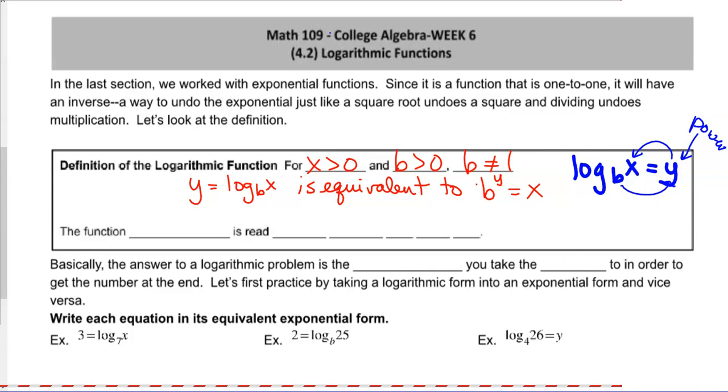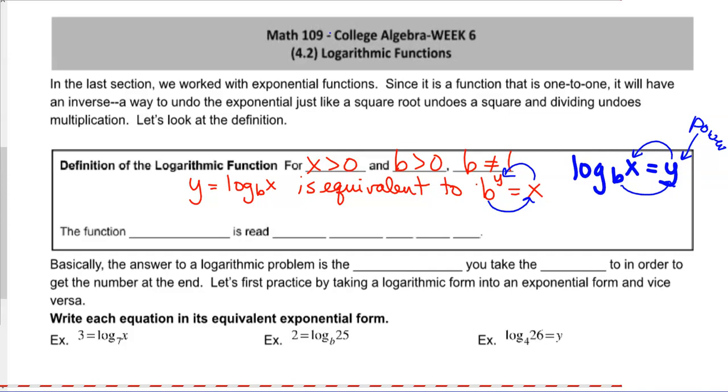We'll see some examples of those and be able to change from one expression to the next in different forms. So we could also do a circle in this sense with an exponential form where I do log base b of x equals y. I could get this back. So interchanging between those, I want to encourage you to use that circle idea because I think that's a lot easier.